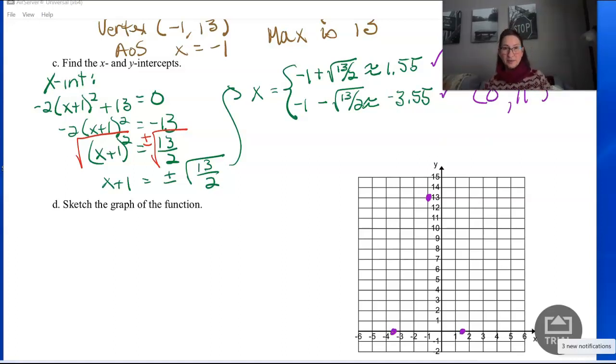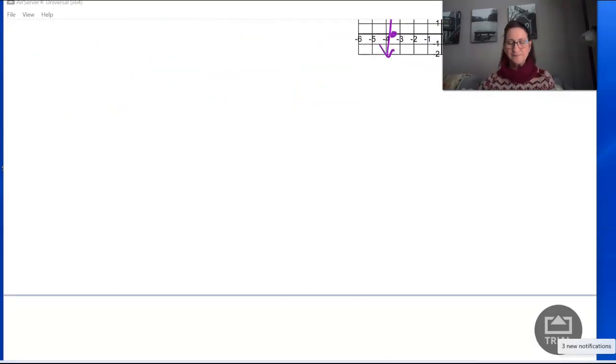And then (0, 11) is my y-intercept. Because of my principle of symmetry, I know that my other point opposite of that y-intercept is going to be right there at (-2, 11). Okay, so now I can go ahead and sketch. All done. Beautiful.